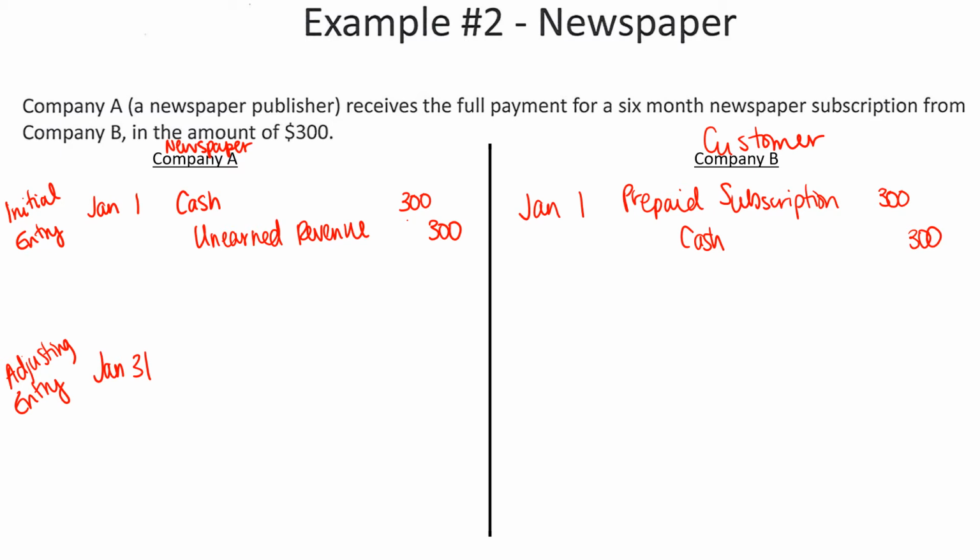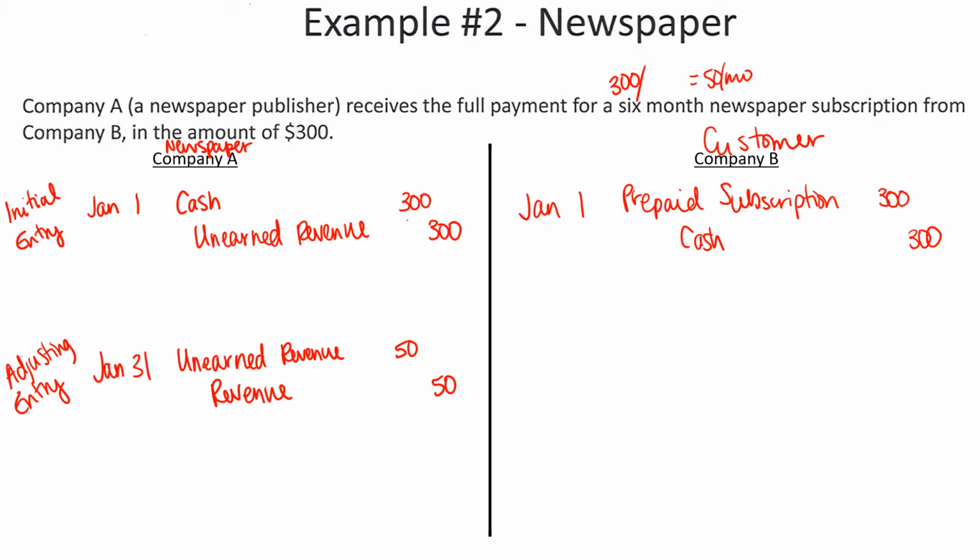Therefore, the debit has to be to unearned revenue. Then the credit can be to revenue. And 1 month's amount would be $50, because if it's $300 for 6 months, then that equals $50 per month.